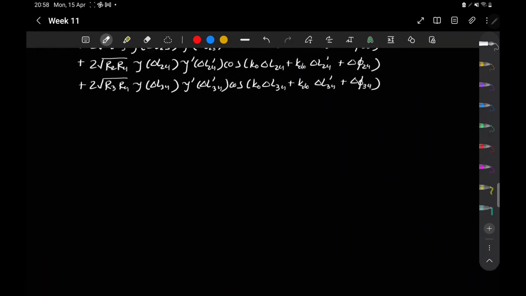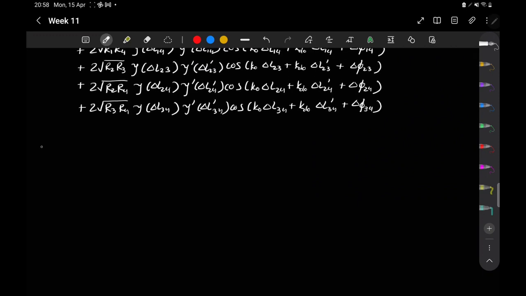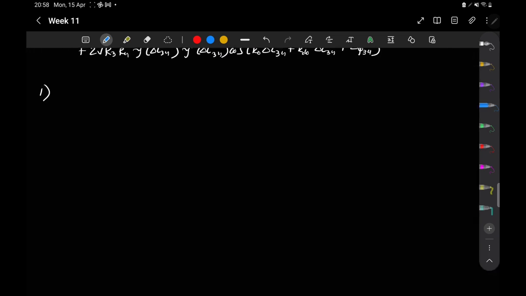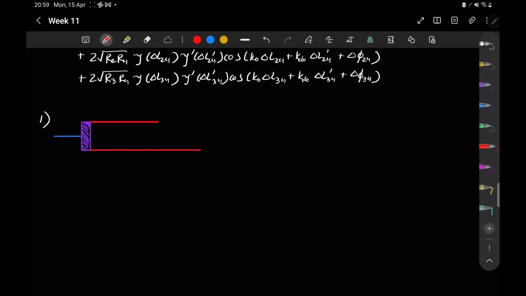Now let us draw the unfolded path version for each of these four alternatives. Oh, sorry.